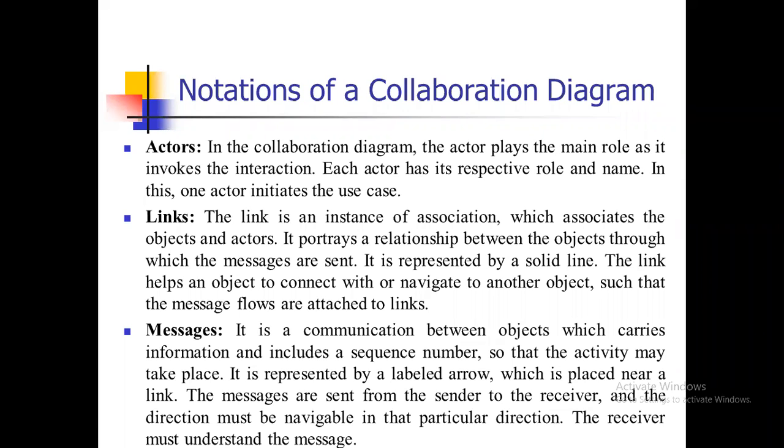Then the next one is messages. A message is a communication between objects which carries information and includes a sequence number so that the activity may take place. It is represented by a labeled arrow placed near a link. Messages are sent from the sender to the receiver, and the direction must be navigable in that particular direction from one object to another.